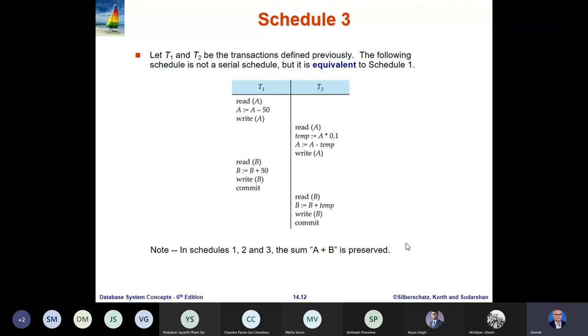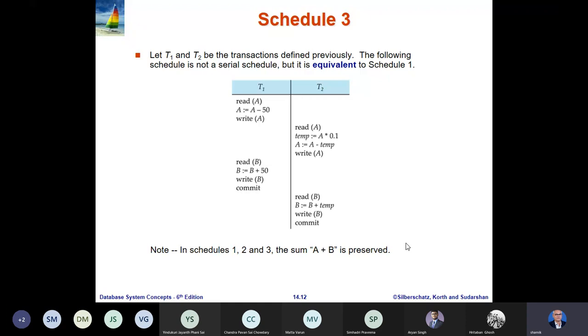What we see here is that T1 first reads A and computes A minus 50 and writes back the value of A, and then T2 reads the value of A. If it was 1000, T2 now reads 950, and then it computes 95. Then we read B, which is 2000, and then it is incremented to 2050, and then B is further incremented by that 95.